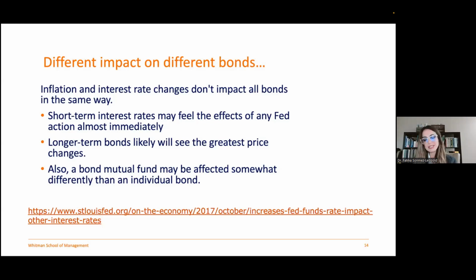Especially if they are actively managed funds, the money managers could implement strategies that eliminate or minimize the impact of interest rate changes on the bonds, and that could have a lesser impact on the mutual fund bond portfolio, whereas individual bonds are directly impacted because there is no strategy around it. You're just owning one individual bond.